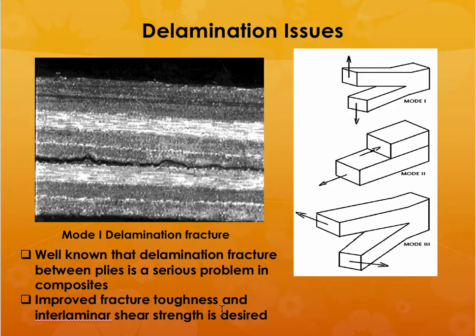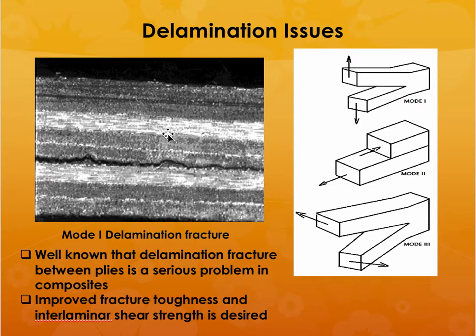So, talking about nanocomposites, one of the biggest areas where they were expected to improve the properties of composites was in the area of interlaminar strength. What happens is that if you have a composite laminate, even a very low velocity impact can lead to delaminations.